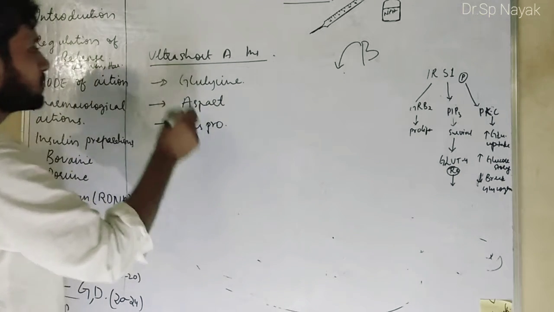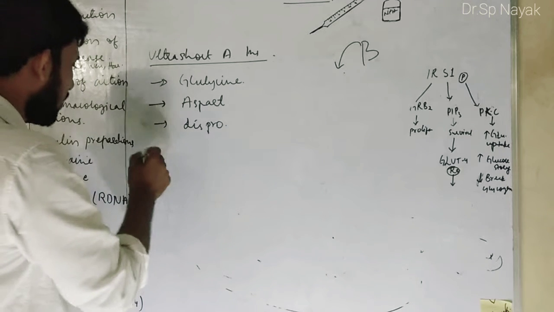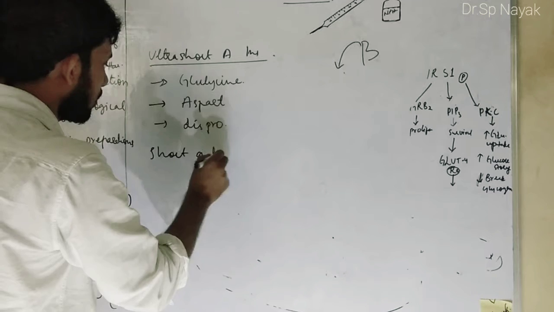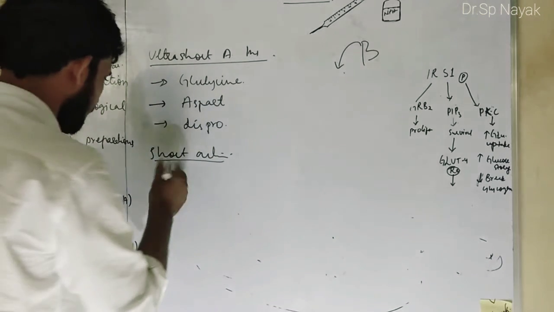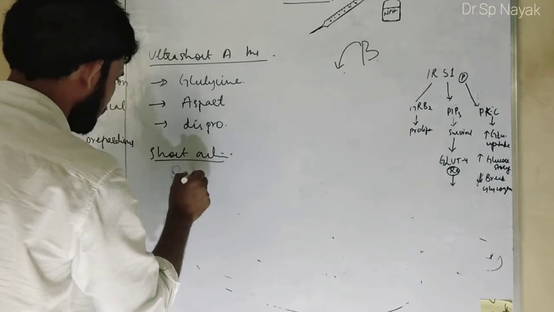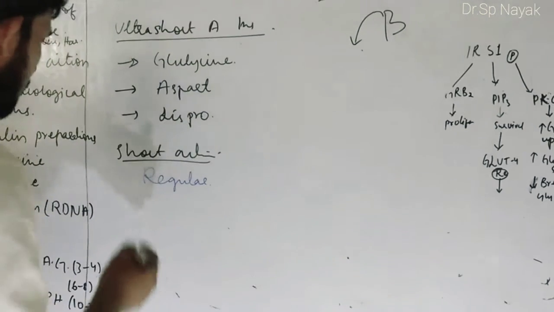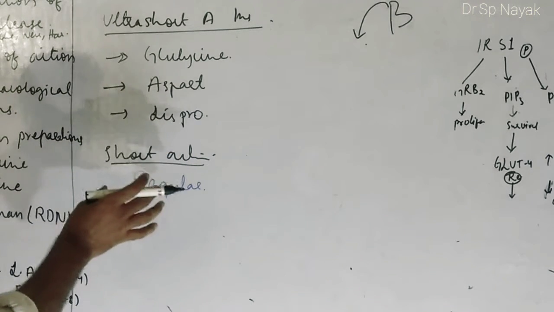So we have lispro, aspart and glulysin as ultra short acting, and then we have short acting insulins. In short acting insulin we have regular insulin, which is a very commonly used insulin. In some textbooks you can find short acting, intermediate acting and long acting.